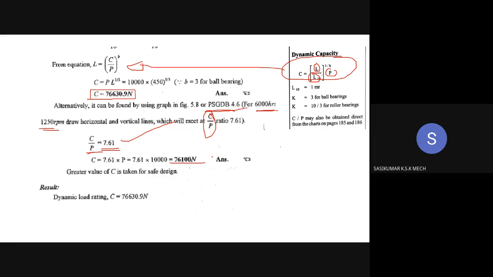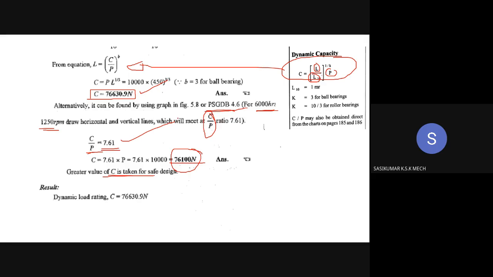For this speed and for this life, the dynamic load capacity will be this much. When compared with this induced value or rated value, our calculated value is greater. So the design is safe. So what we calculated is correct.